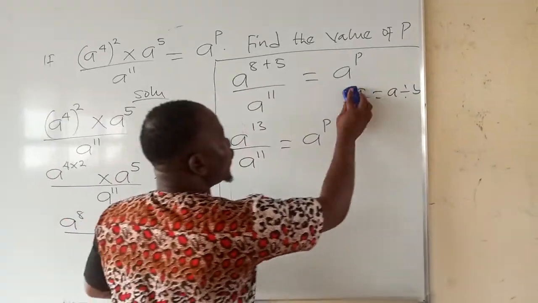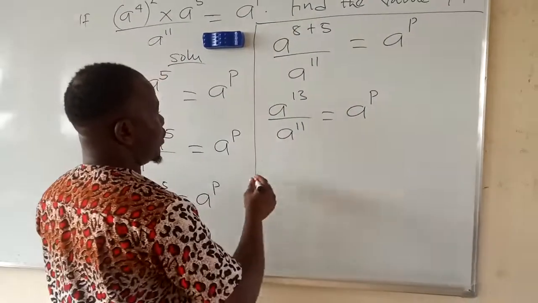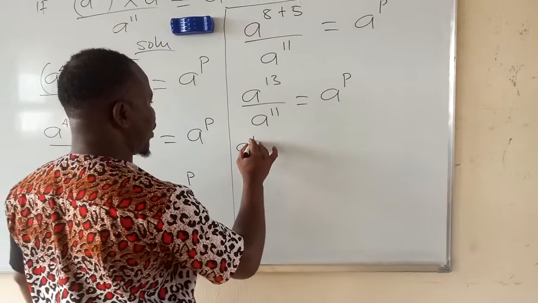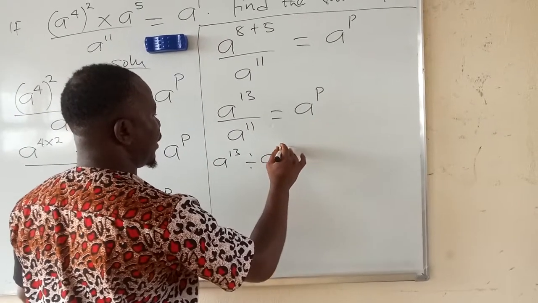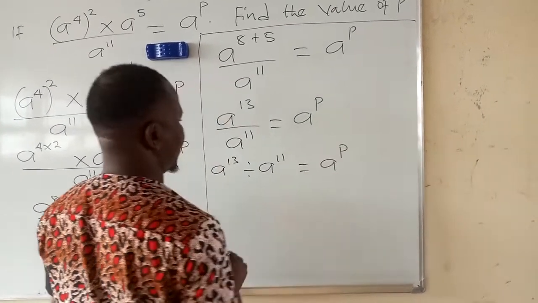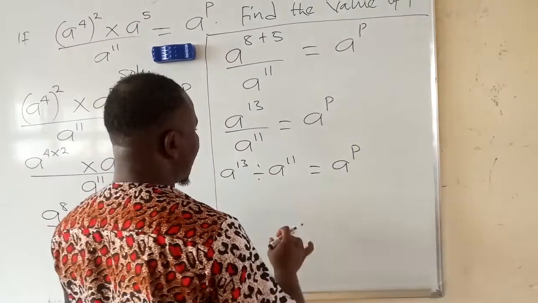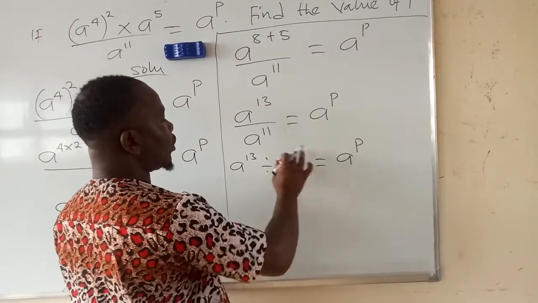So it implies that this is the same thing as a^13 divided by a^11, which equals a raised to the power of what? P. Okay? Now, the division law means that if the bases are the same, you subtract the powers.